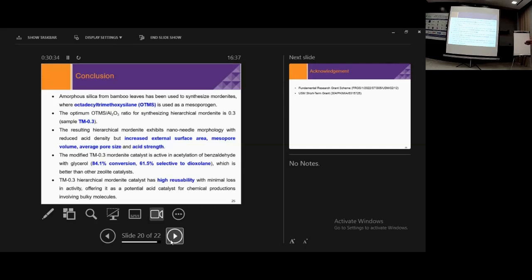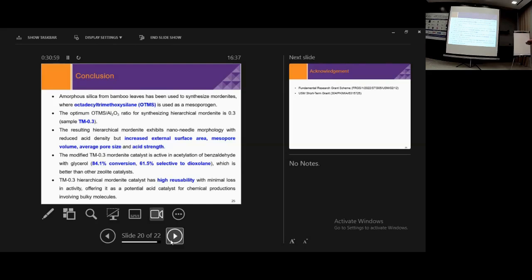So among all the samples that we prepared, TM0.3 is the most active in acetylation of benzaldehyde with glycerol. It gives 54.1% conversion and 61.5% selectivity to dioxolate, which is better than other zeolite catalysts and also homogeneous catalysts.